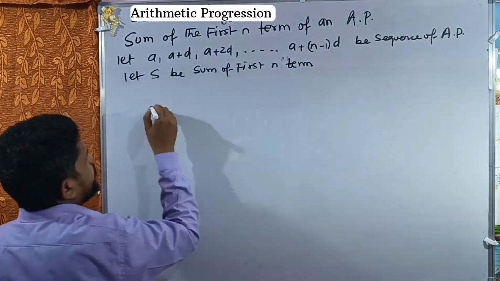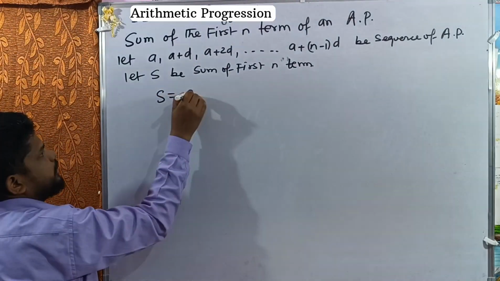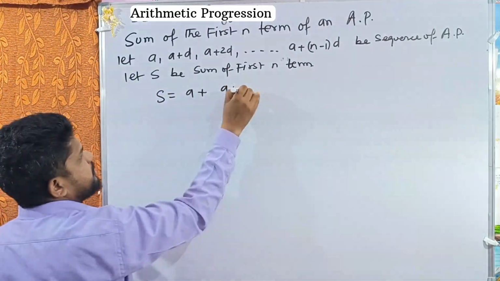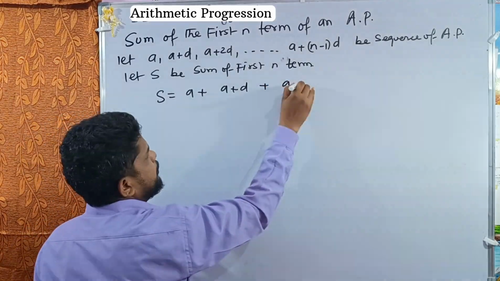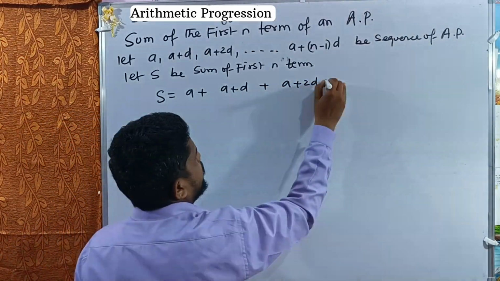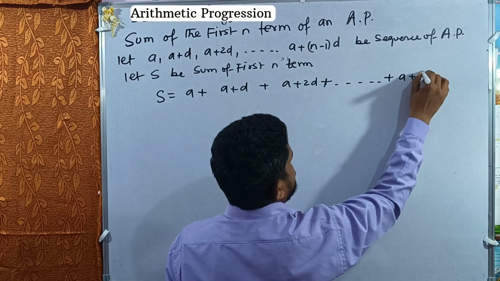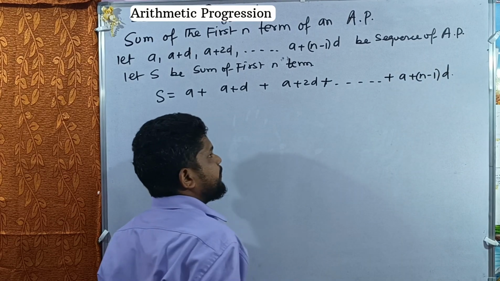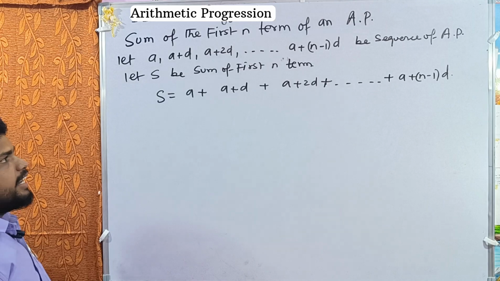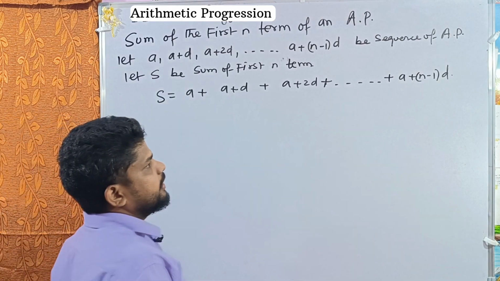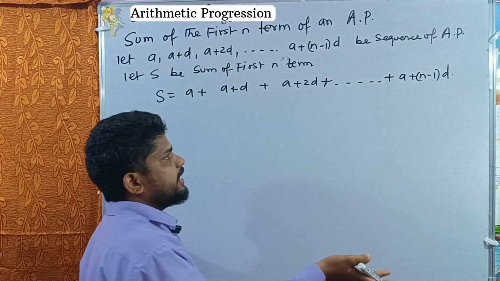So S is equal to a plus a plus d plus a plus 2d plus and so on up to a plus n minus 1 d. Now can I rewrite this in reverse order?